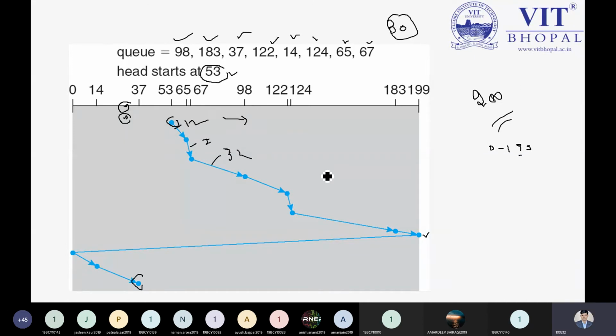Please tell me the scan and C scan differences. The only difference between scan and C scan is that in C scan, it begins its scan towards the nearest end and works all the way to the end of the system. Okay, good. And what about the scan?